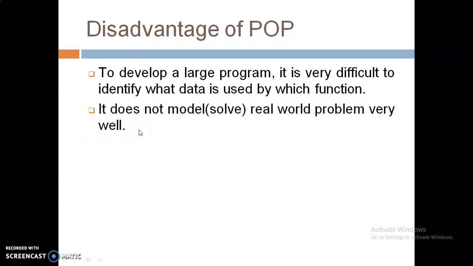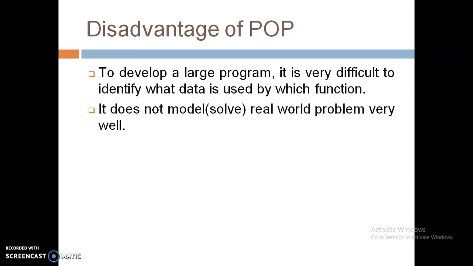That means if we are going to develop a large system and we are going to make so many functions in a single system, then managing data movement among these functions is very difficult. So, we can say it is not good to use procedure oriented programming to solve real world problems.